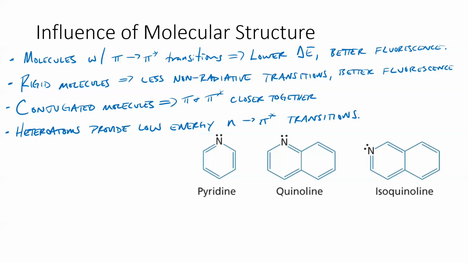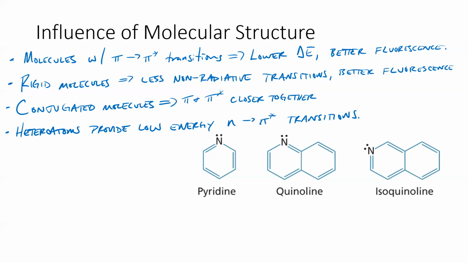And so if we have something that's already conjugated, so it has a pretty low pi star energy level anyway, and it has a heteroatom that has those n electrons that aren't part of the conjugation, then you end up with these n to pi star transitions, and those transitions are often low enough in energy that we can see fluorescence from them. And so having a heteroatom in our cycle can lead to increased fluorescence as well.